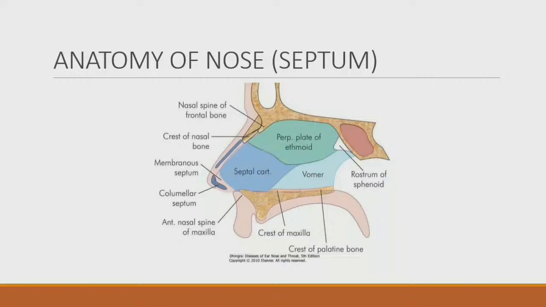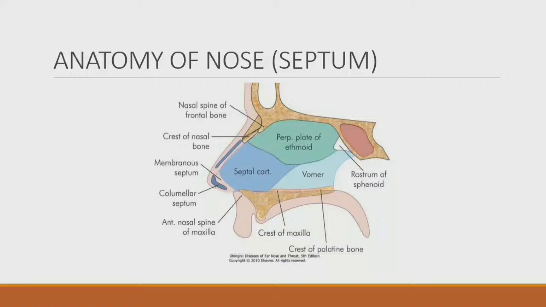The bony part of the septum is made up of the perpendicular plate of ethmoid and the vomer. The cartilaginous part is made up of the much bigger quadrilateral cartilage, also known as septal cartilage.